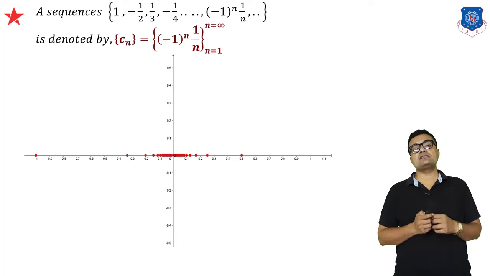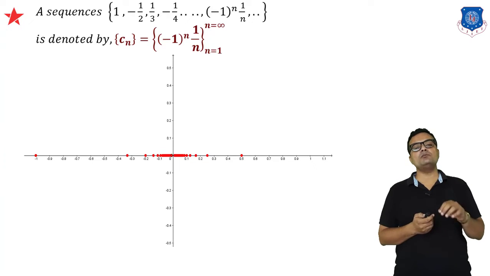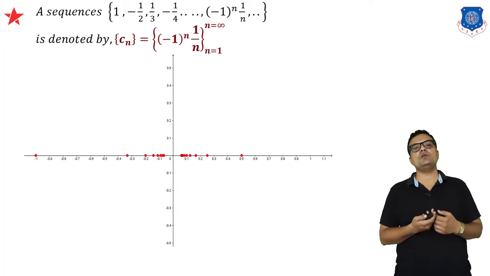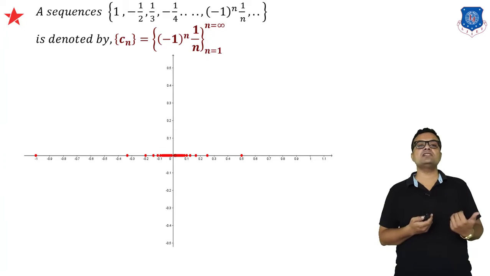So actually it is a series of 1 by n, but now the values are distributed on both sides of our x-axis. So what will happen if I take a neighborhood of point 0: from the left and from the right I will get infinitely many points, whereas in the previous case the right hand side had infinitely many points and the left hand side was empty.